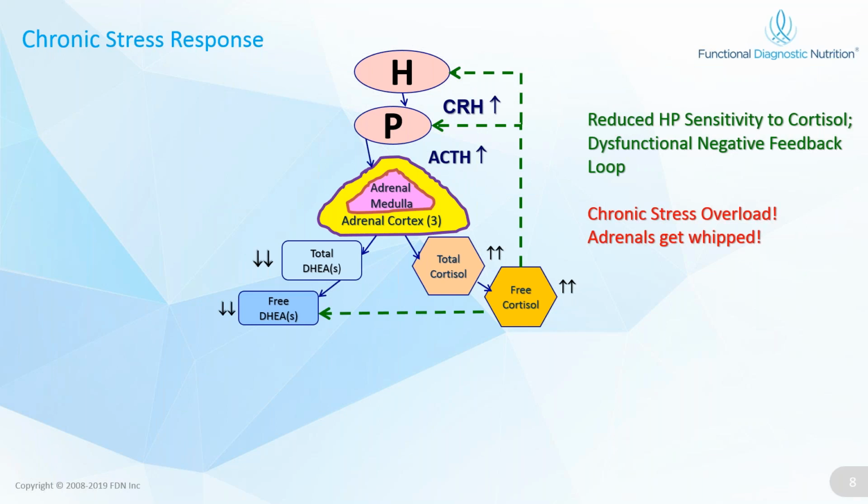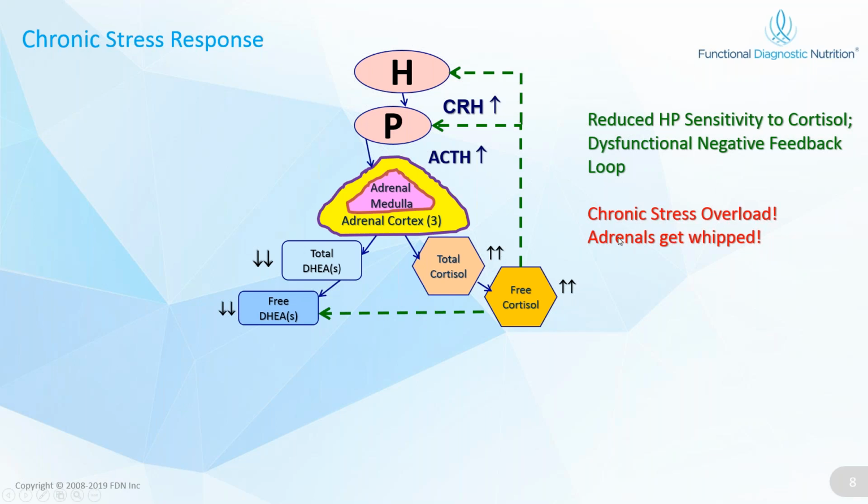You get reduced sensitivity to cortisol and a dysfunctional negative feedback loop, and it just pretty much doesn't turn off, or not very much. You have to actually meditate, or go into your safe space, whatever it is. Lots of things people are doing, but average people, clients coming to us, they don't know much about this.